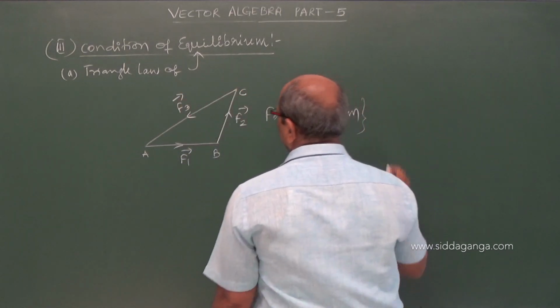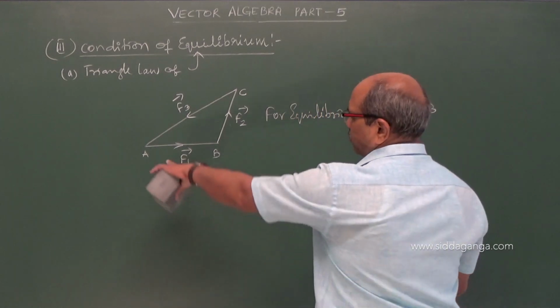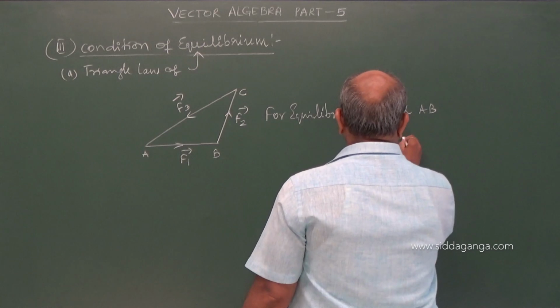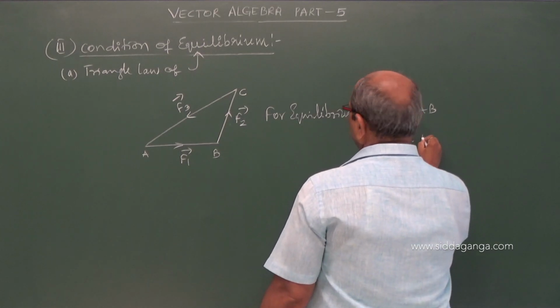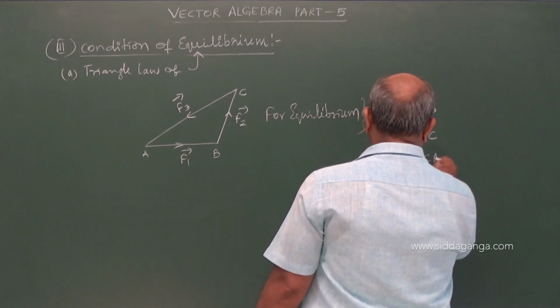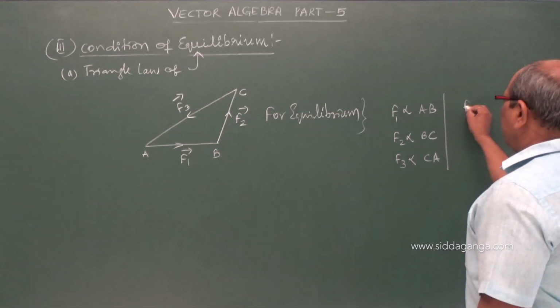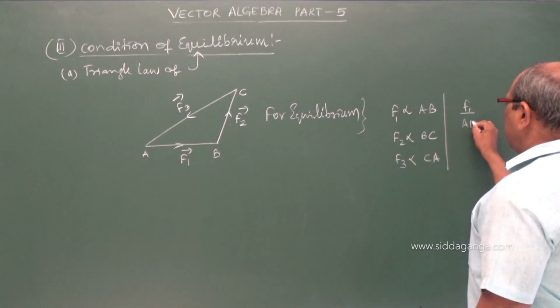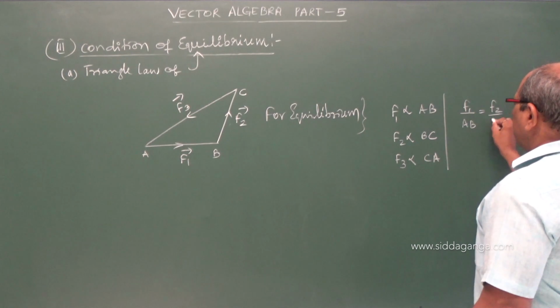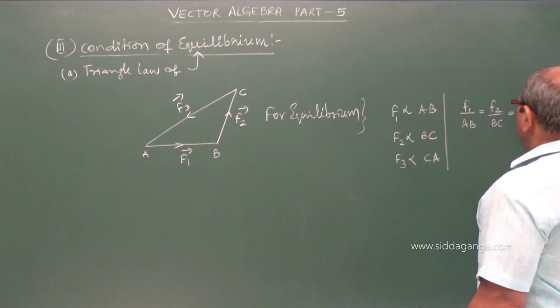For equilibrium, the condition is that each force is proportional to the corresponding side. F1 proportional to AB, F2 proportional to BC, F3 proportional to CA. Or I can write F1 by AB, F2 by BC and F3 by CA always holds good.